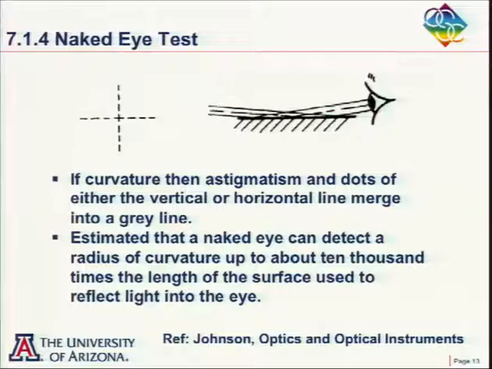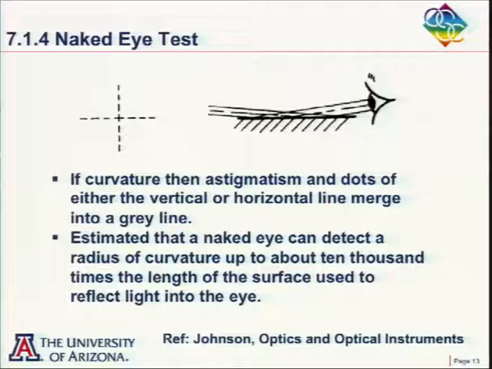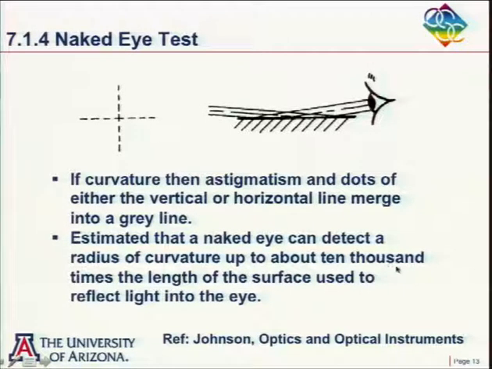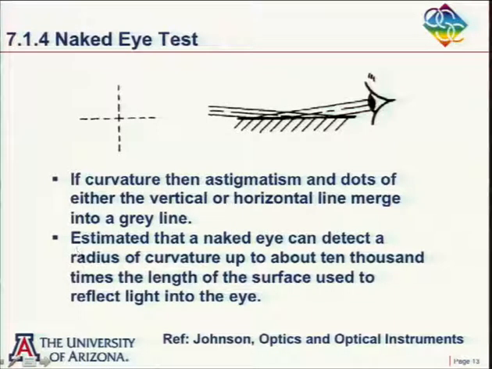And this is actually pretty easy to see. I've done it many, many times, just taking a mirror and giving it a target. It's very sensitive to a little bit of curvature. How much curvature I can detect really depends upon how much mirror surface I use.